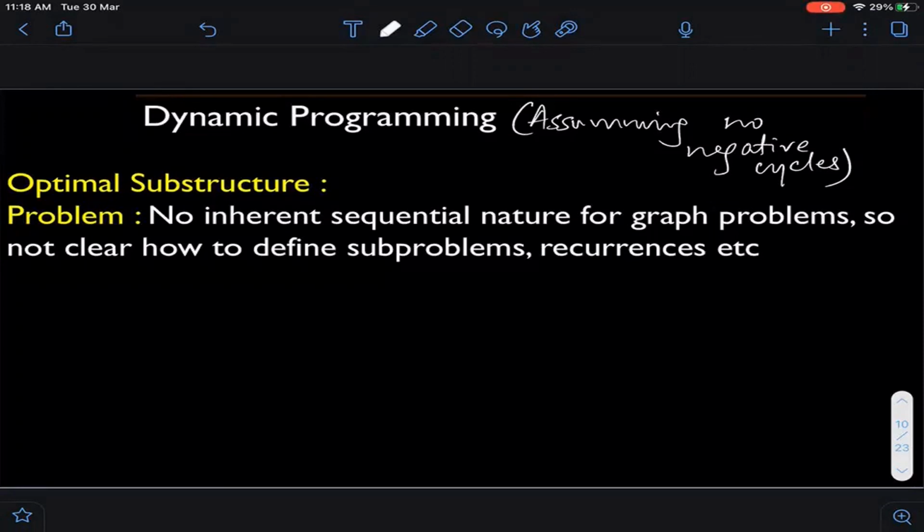You are trying to find the shortest path from a source to some vertex. What could be a potential optimal substructure? Forget about defining subproblems for now, but just to start building ideas, what is the optimal structure which you hope is true, so that maybe I can build a dynamic program? What should come to your mind?